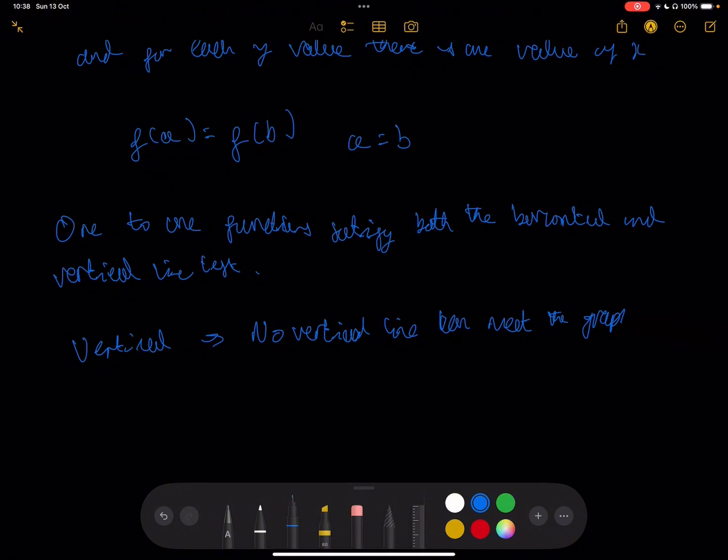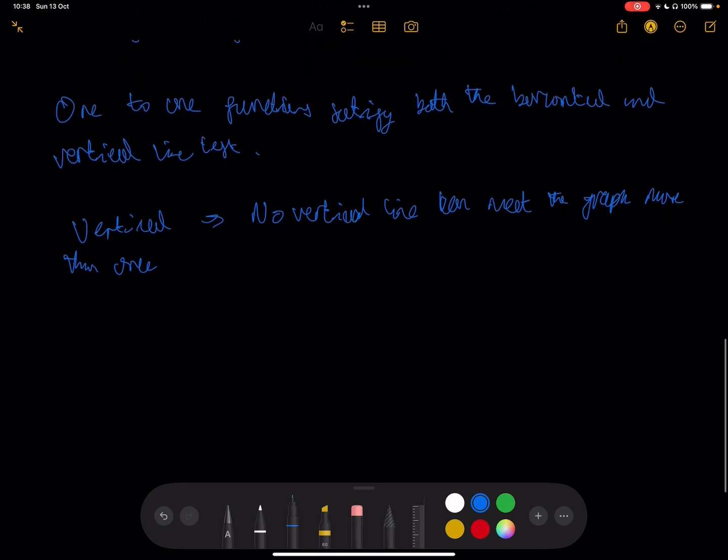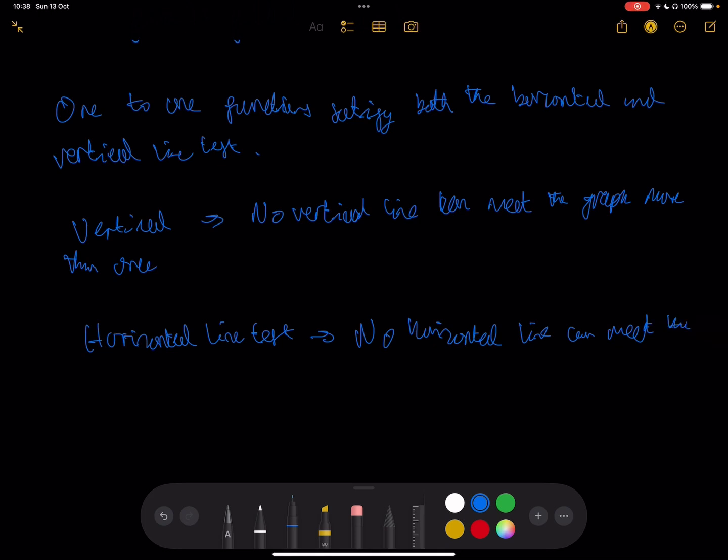And for the horizontal line test, no horizontal line can meet the graph more than once.